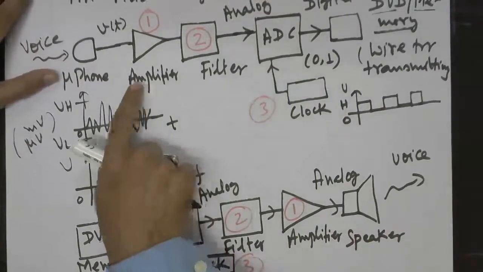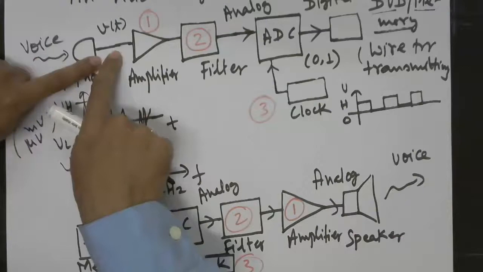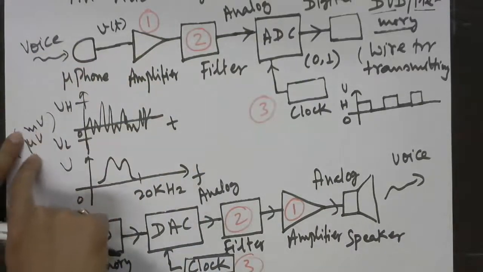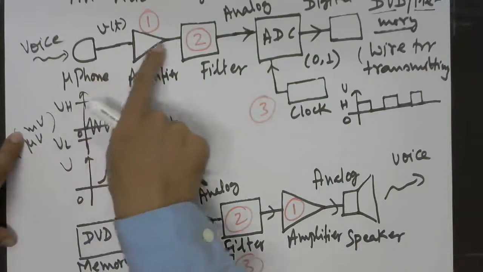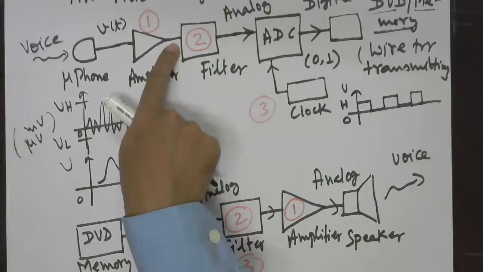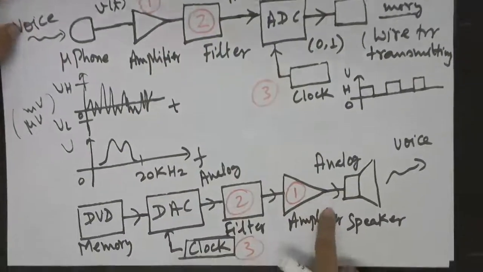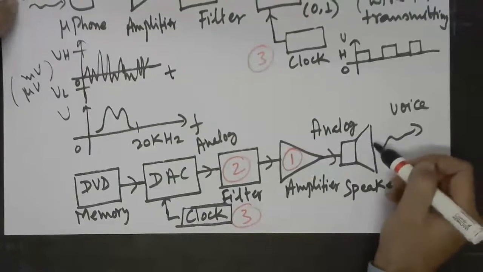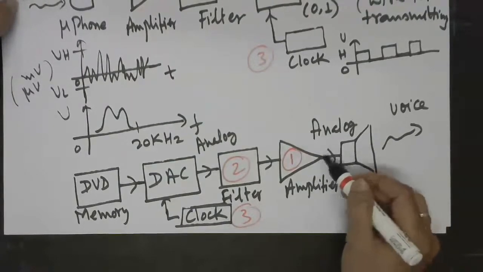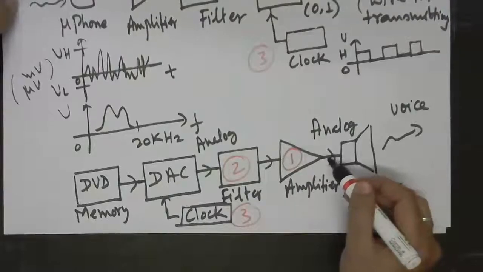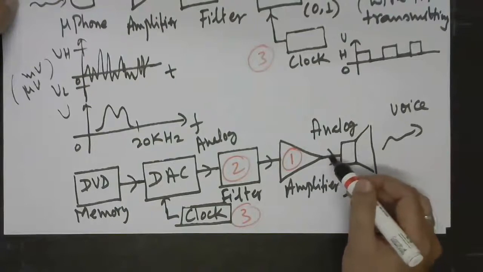So here what will happen is, you can see that the voltages it will be handling are going to be very small. They will typically be of microvolt or millivolt. And on the output side also, the voltages are going to be small, very rarely more than 1 volt. But on this side, because we will typically require large volume for the voice that the speaker produces, here there has to be large voltage, to be more accurate, more power.